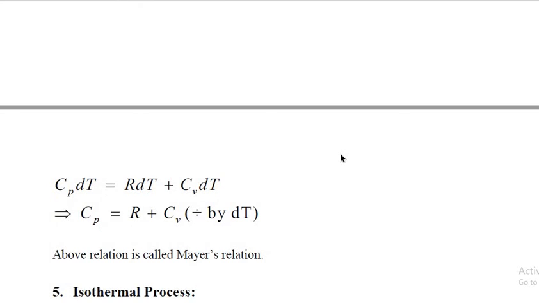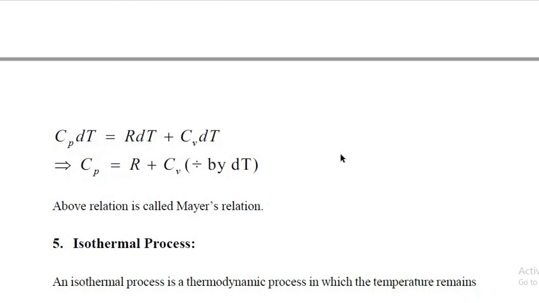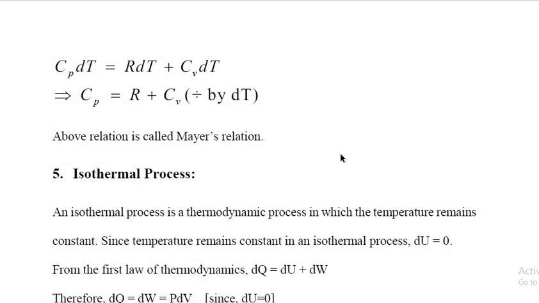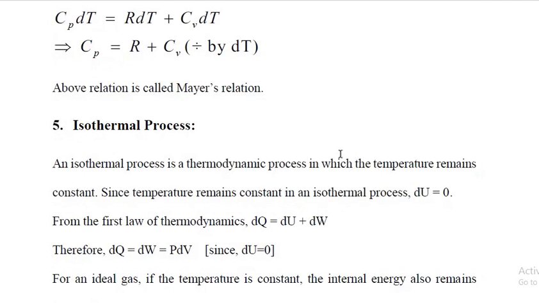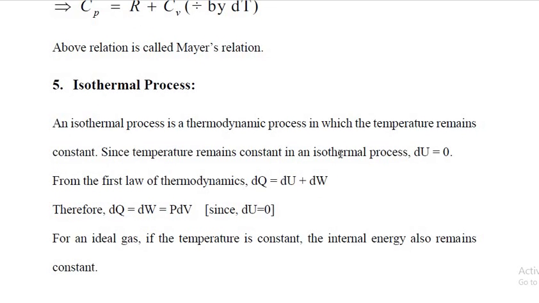Next is the isothermal process. What is an isothermal process? It is a process in which temperature remains constant. Since temperature remains constant in an isothermal process, du is equal to 0, because internal energy is directly related to the temperature.